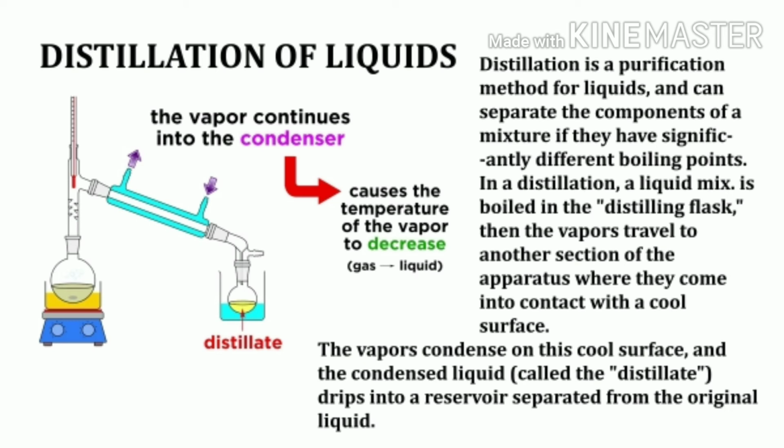Therefore, only the liquid molecules whose boiling point is lower will undergo distillation through the condenser, from where it is again converted to the liquid phase. So in this way we can separate the components of the mixture by the fractional distillation process.